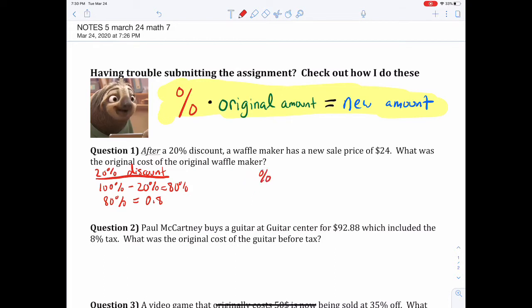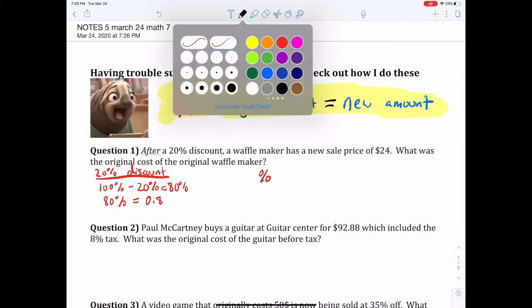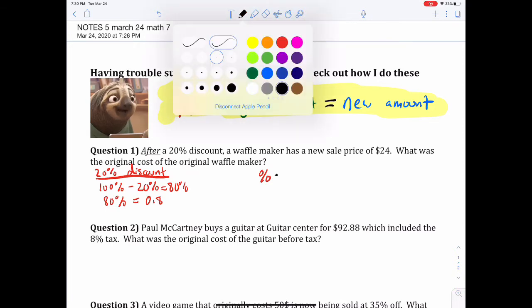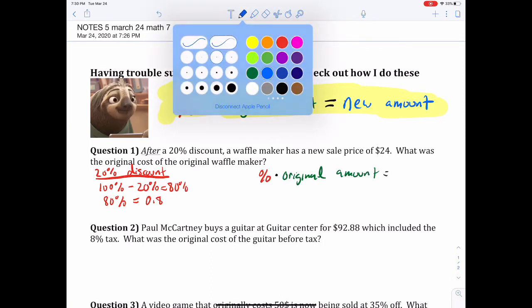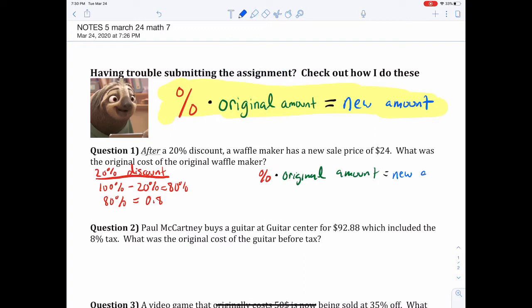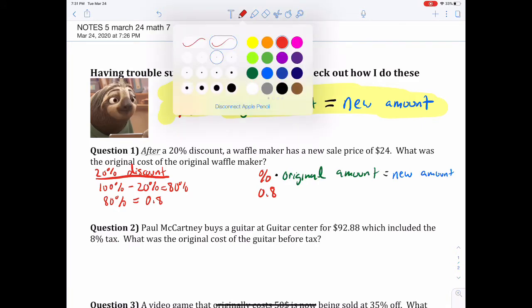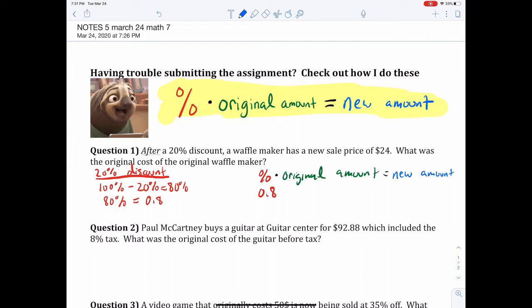In red here, just going through this: the percent times the original amount equals the new amount. So we found out that the percent is going to be 0.8. We just figured that out. Now what about the new amount?